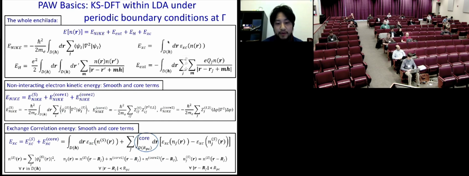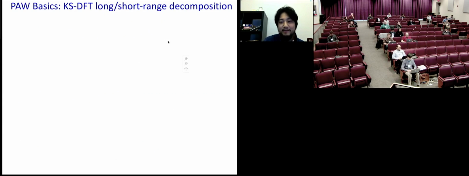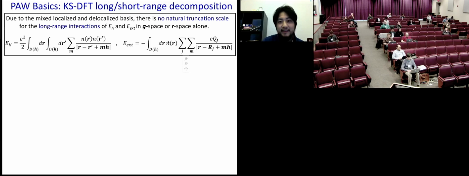Another example is the electron density, and because many of these terms depend on electron density in real space, it is similarly decomposed into 3 terms, which adds more complexity. But the good thing is this added complexity doesn't scale, which I will explain later.